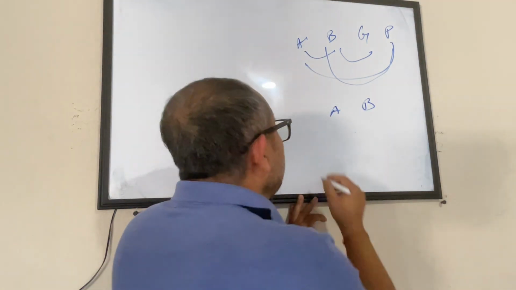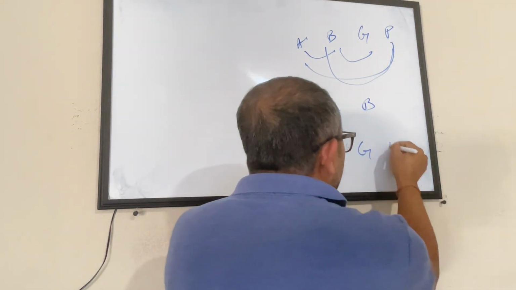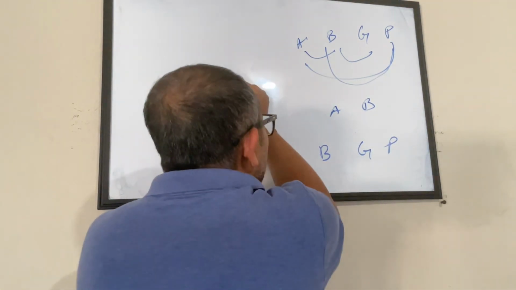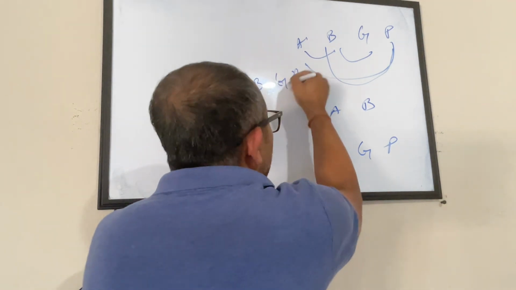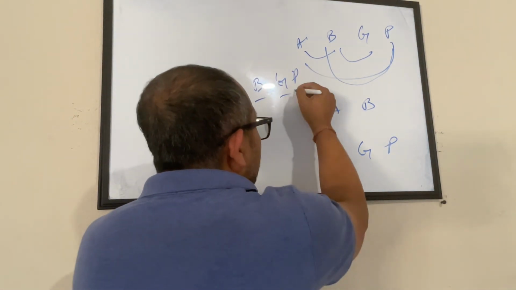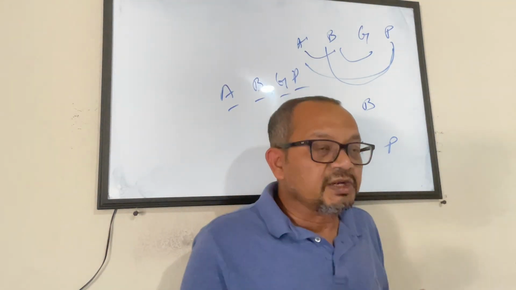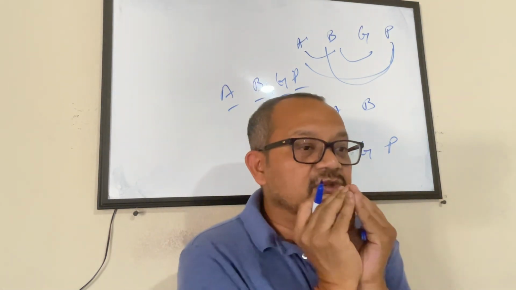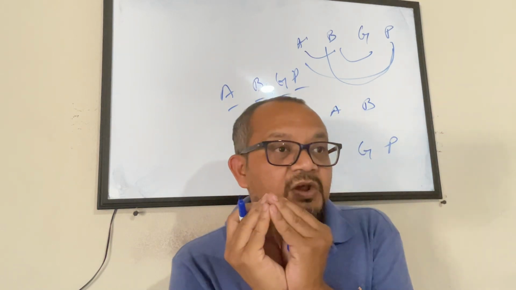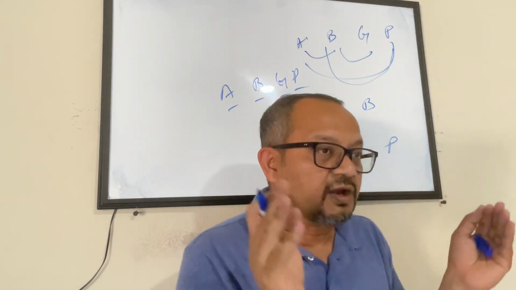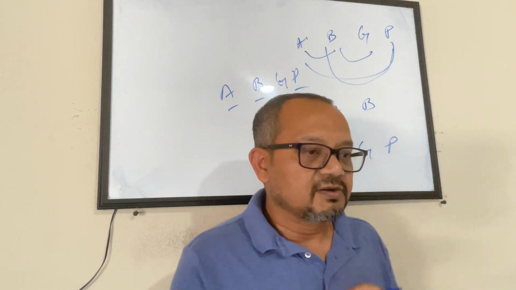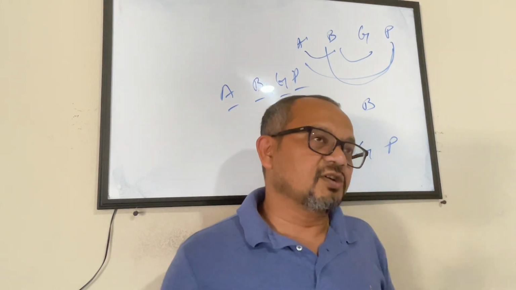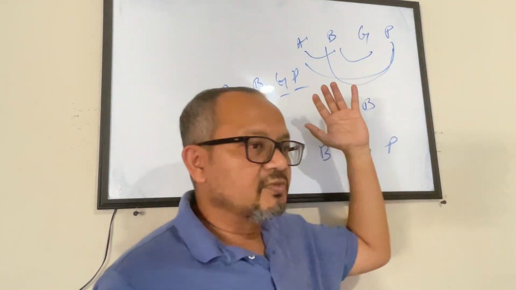I'll make another salad with B, G and P combination. I'm wanting to do more adventure, make a salad with all 4 of them. So when you're talking about combination, you're essentially talking about forming different combinations out of the elements that you have. It could be one, it could be many, it could be all of them, different pickings from what you have at your disposal.